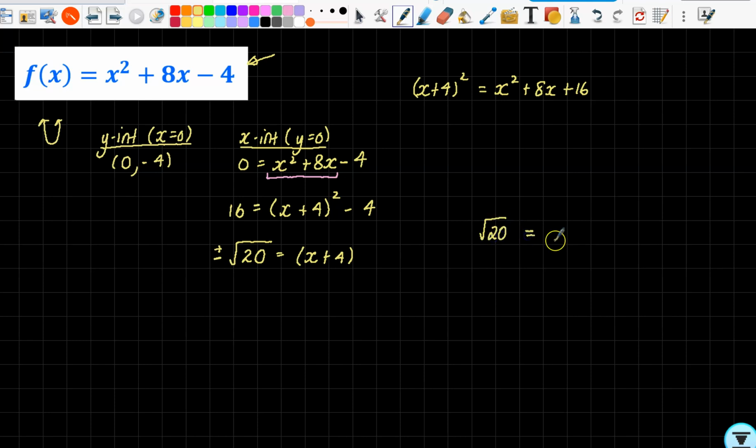Absolutely. Once again, we've got our favorite friend, 4. So root 4 becomes 2, giving 2 root 5. We've still got the plus or minus there. Plus or minus 2 root 5 equals x plus 4. And now to get rid of the plus 4, you guessed it, take 4.